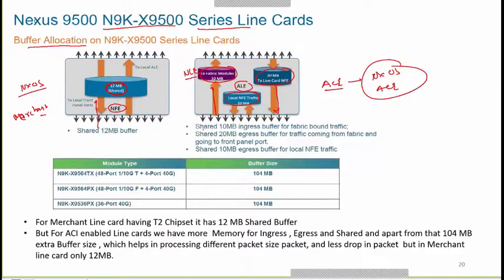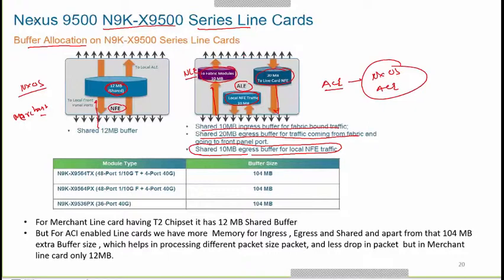So it has a shared 10 MB ingress buffer for the fabric bound module. It has 20 MB egress for traffic coming from the fabric, and a 10 MB egress buffer for local NFE traffic.